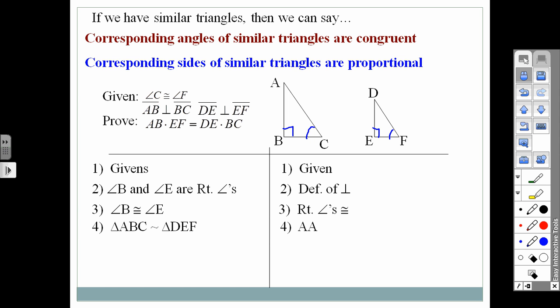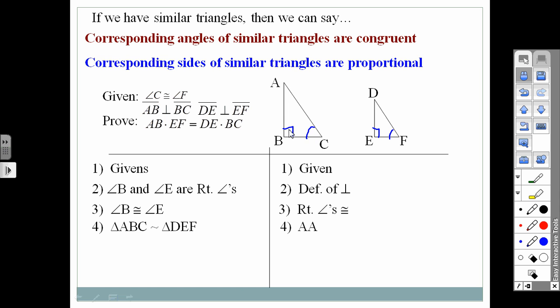So that's pretty easy. Okay, the hard part is, sometimes, figuring out what the proportion is that's going to come here for step 5. So this is where you kind of work backwards. And you know that AB, EF, DE, and BC are the 4 sides that you're going to be using in your proportion. So let's look at my triangles here.